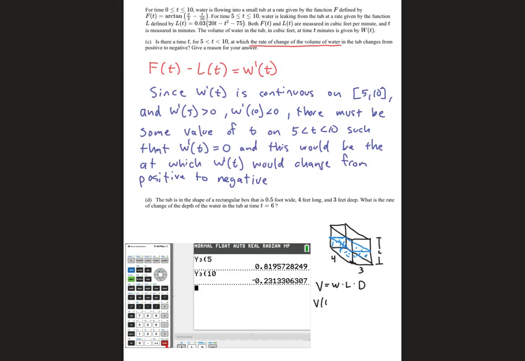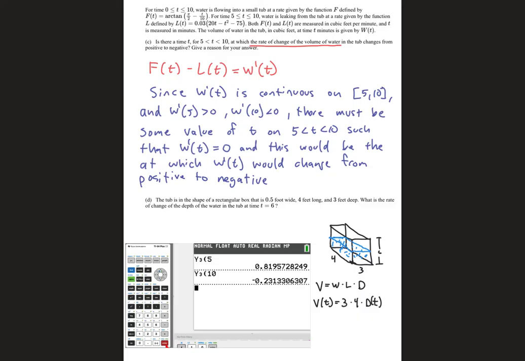So the volume is some function of time. But the width and the length aren't changing. The width is always 3, and the length is always 4. When water flows in, just like the volume changes, the depth is the only other thing that's going to change. So D is a function of time.